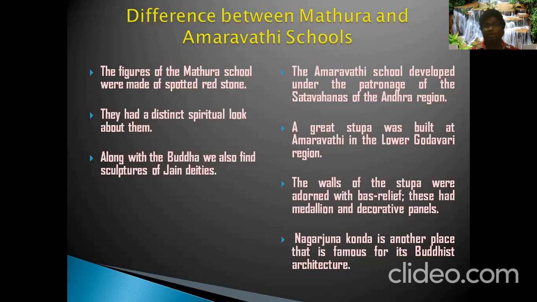Don't forget, we discussed three different arts: one is Gandhara art, the second is Mathura art, and the third is the Amravati school of art. Let me remind you again, Gandhara art talks about lifelike statues.